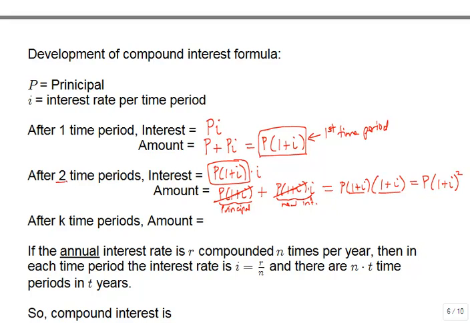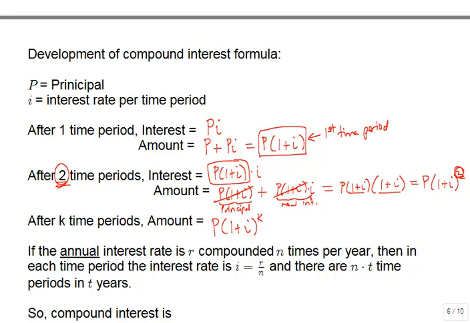So after two time periods, we have in our account P times 1 plus I quantity squared. So the amount of time periods here matches the exponent up here. So we can generalize this, and we would say that the amount of money in our account after K time periods should be P parentheses 1 plus I raised to the K.